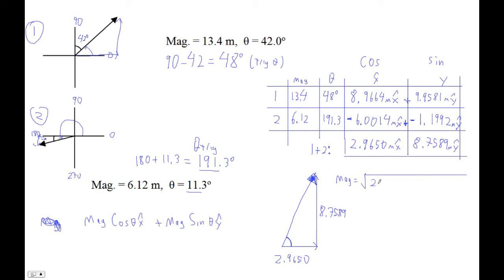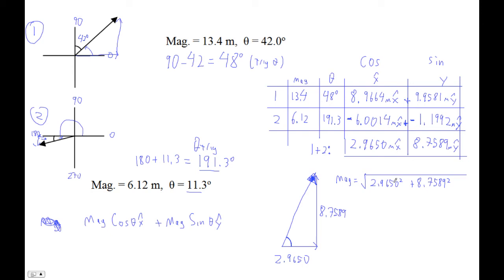So 2.9650 squared plus 8.7589 squared. Now be careful, if one of these components is negative on one of your assessments, don't put it in there as negative. It shouldn't matter, but TI calculators do unusual things with negative numbers when you square them, in my opinion.